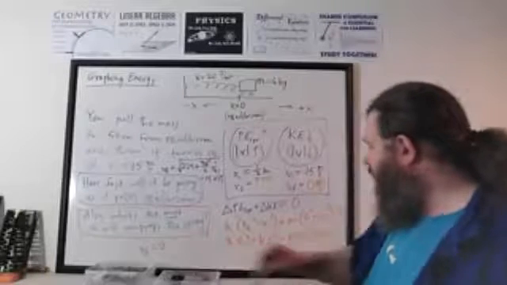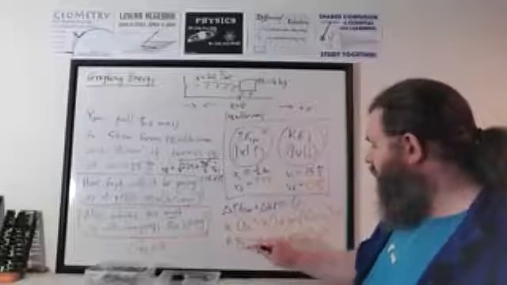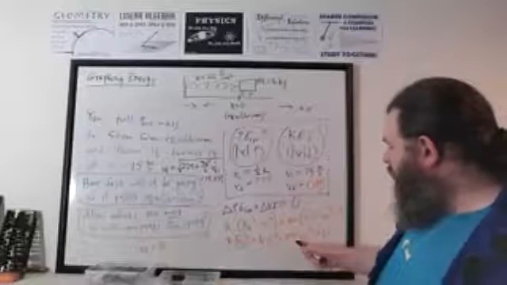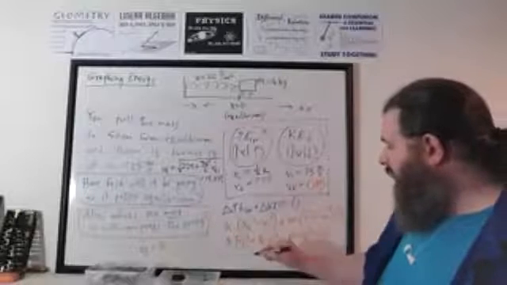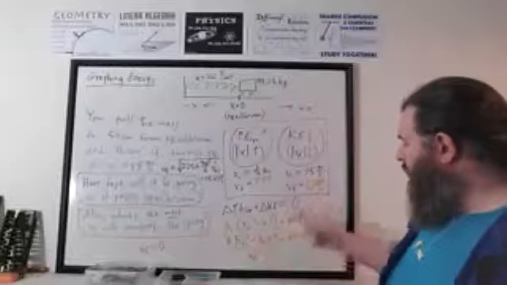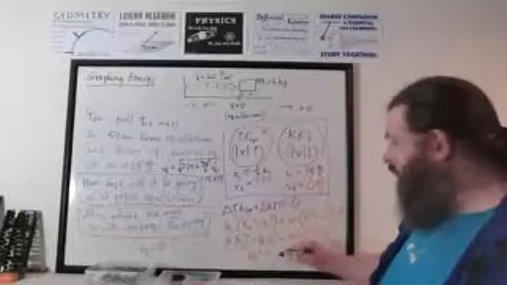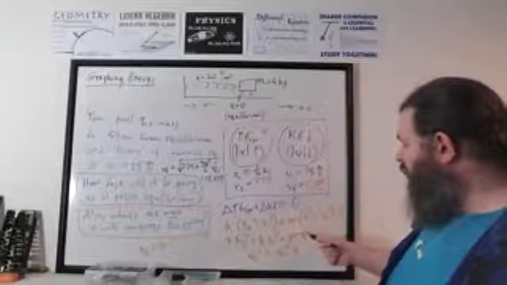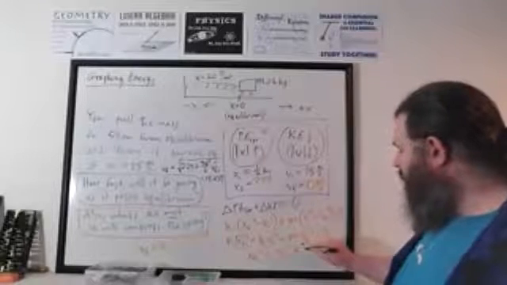Yeah, we want to know x final. How far does it get from equilibrium? And we can solve this mostly the same way. Add these terms to both sides and divide by k. So we're going to get k x initial squared on the other side, but we're dividing by k, so we just get x initial squared plus m v initial squared divided by k.